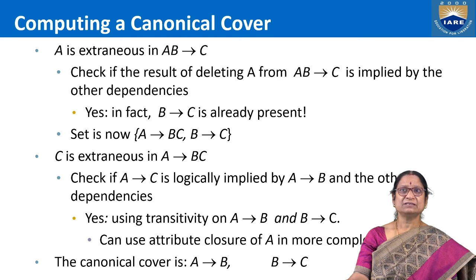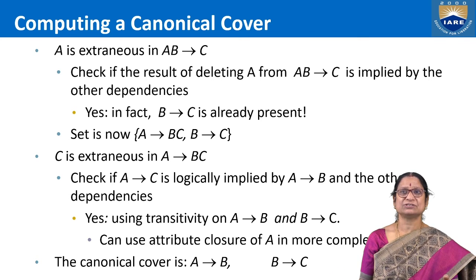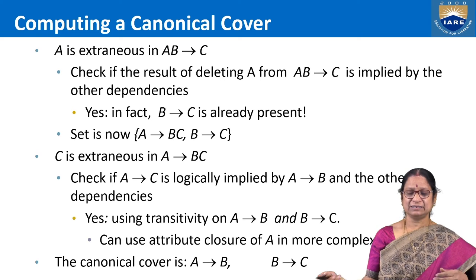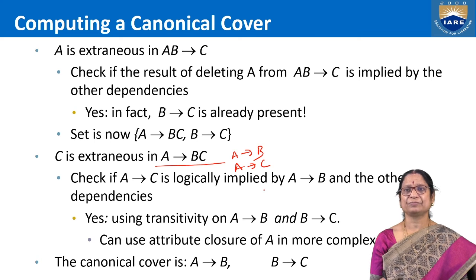Now what do I need to check? Whether C is extraneous or not. When I check whether A determines C is logically implied by A determines B and the other dependencies, then I may say there is an extraneous C. So A determines B, A determines C will be there. For example, if you are using decomposition in general also, A determines B, B determines C. By using the transitive property, A determines C will result. So that's why C is extraneous. When you consider this relation, by using the transitive property you will get A determines B, and by decomposition A determines C will be there.